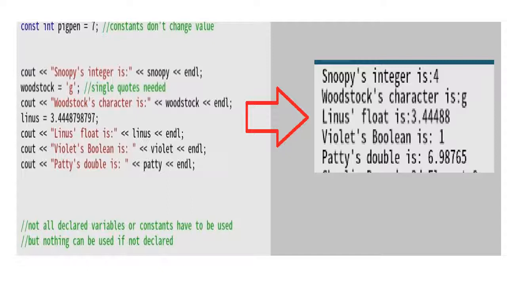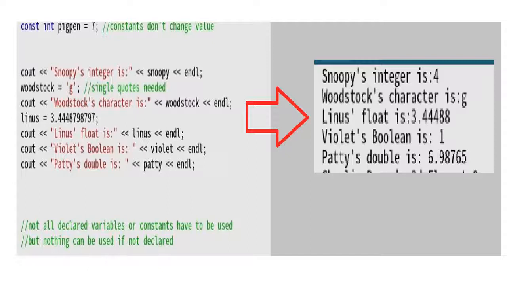But it's much better than an integer, and when you add or subtract it by another float, the precision is preserved, unlike an integer. And notice Violet's Boolean prints out as 1. We declared it as true, but it printed out as 1.